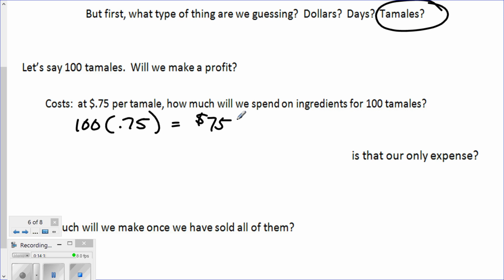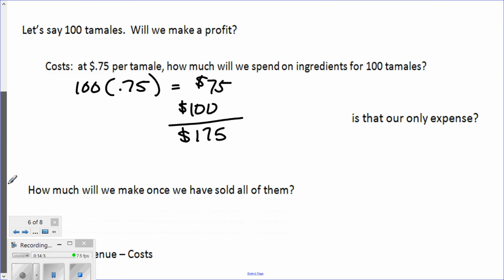We have to pay a fee to set up our stand out on the roadside, and that's $100. So if in one month we make and sell 100 tamales, our costs are going to total $175.